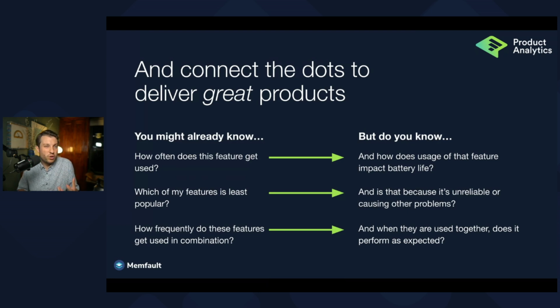Is it because they don't want it or is it because it doesn't work? And when they use features together, are they actually performing as expected or might they interact in a way that causes more problems? This is never before seen capability, and it will help you make better decisions and build better products.